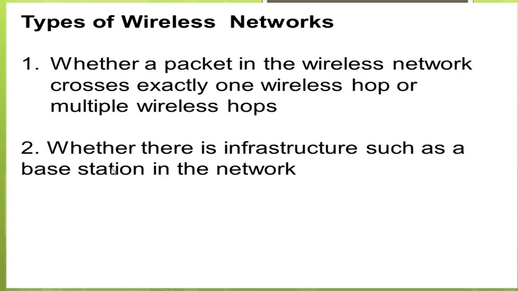If you see the case where there is no infrastructure, for single hop an example is Bluetooth, where a bunch of devices communicate with each other with no base station. In multi-hop, we have VANETs and MANETs. In VANETs, a group of vehicles or buses communicate with each other.